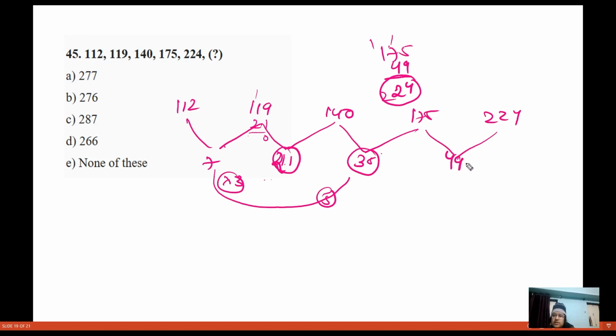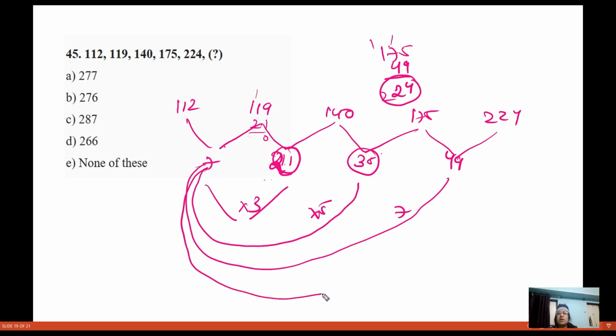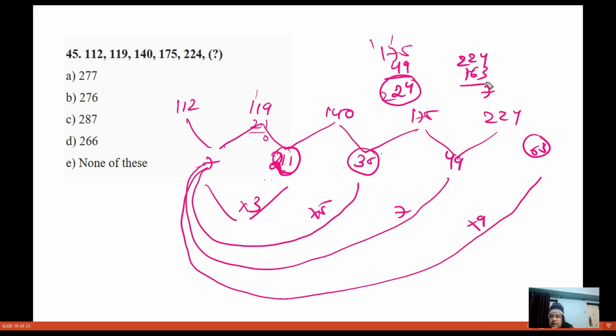So basically here only I got the logic: this is 21, so this is getting multiplied by 3, then by 5, then by 7, so then this is going to be multiplied by how much? 63. Add here. So 224 plus 63 is 287. So this is 287. This is okay.